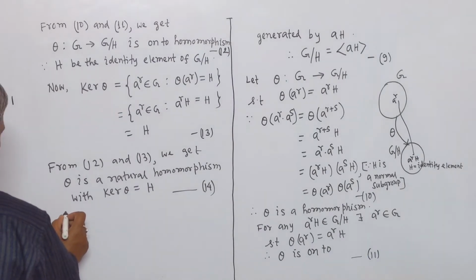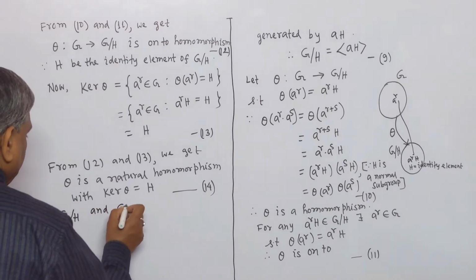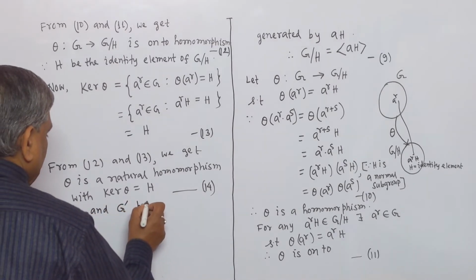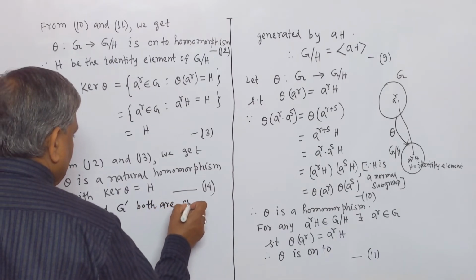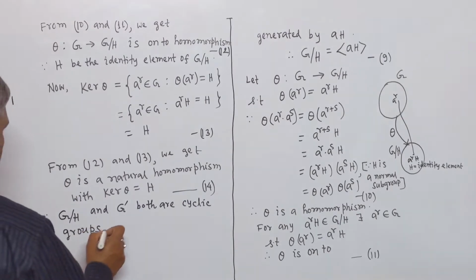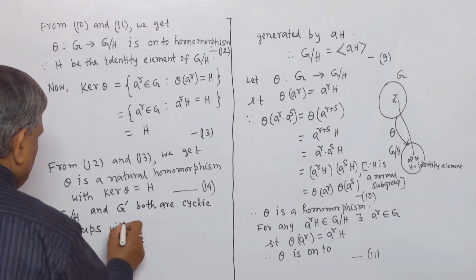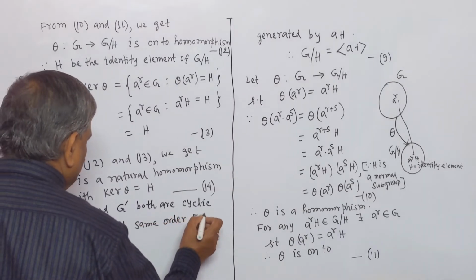Since G by H and G prime both are cyclic groups with same order 5.